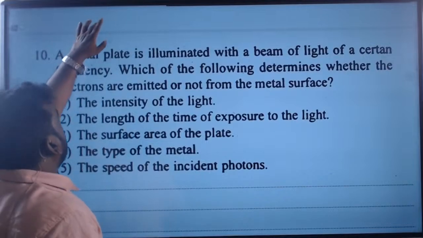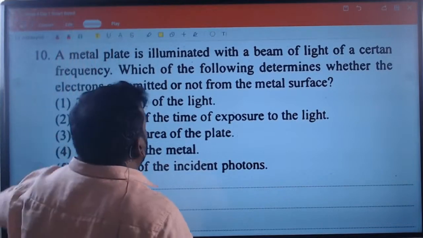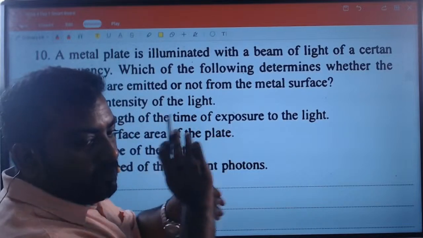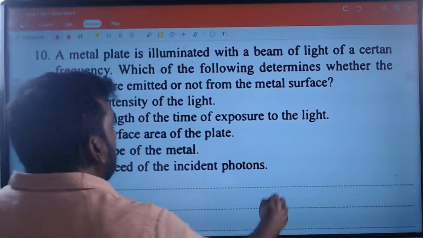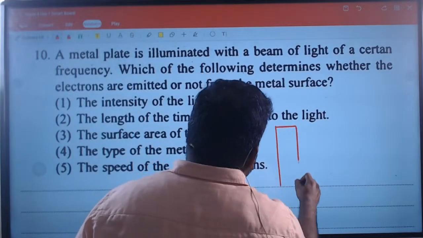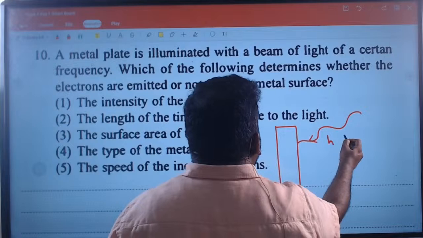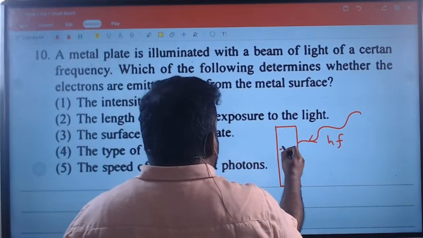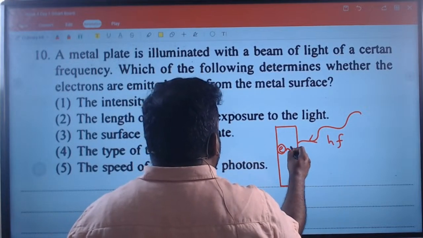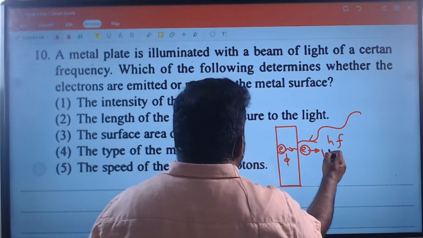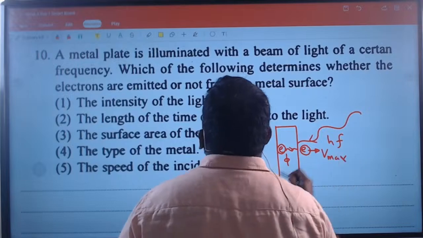Next one. Photoelectric effect. We have done this many times. 2000, 2001, 2002. Every year this was there. So there is a metal plate. It's illuminated by photons h f. Electrons will take some work to come to the surface. Excess electrons will be emitted with maximum velocity, right?